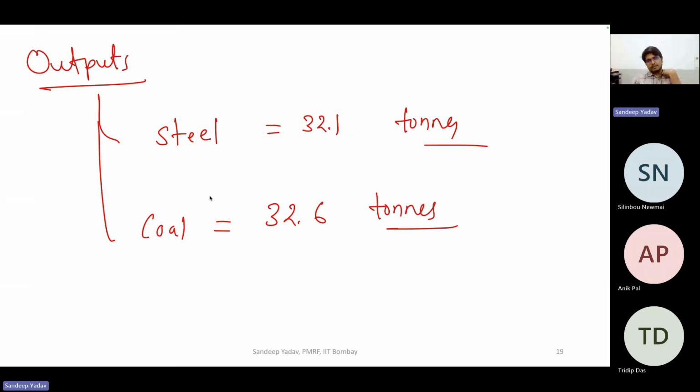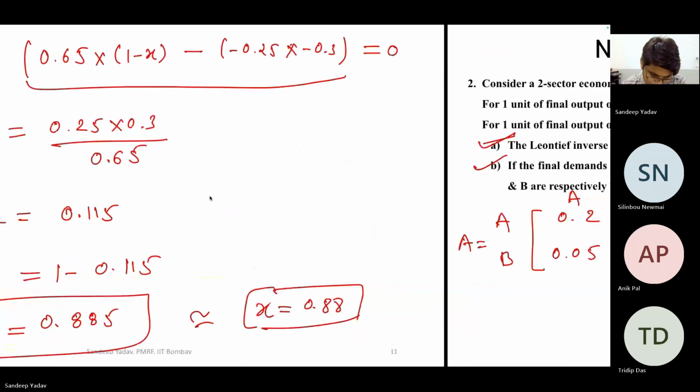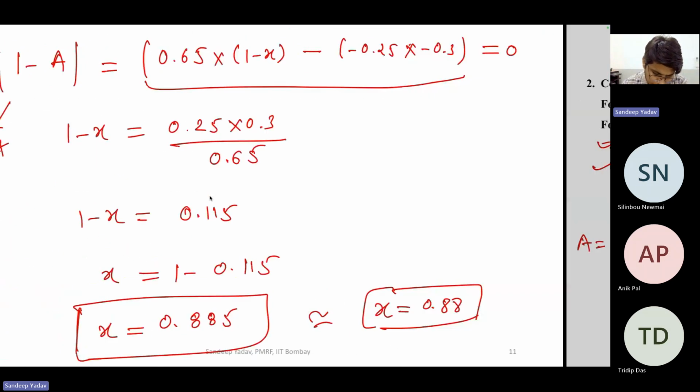I hope this is clear. If you have any doubt, you can ask. Okay, if you don't have any doubt, we'll just move ahead to the next question. The numbering is, I think, a problem.